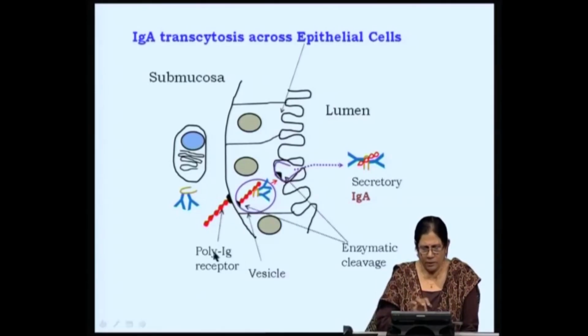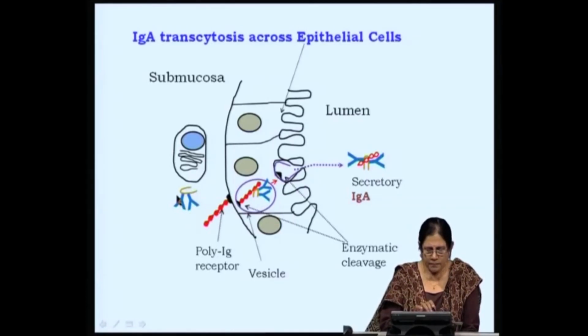Now, how does this happen is what I will tell you. You have the plasma cell which synthesizes IgA. IgA dimerizes by the J chain.